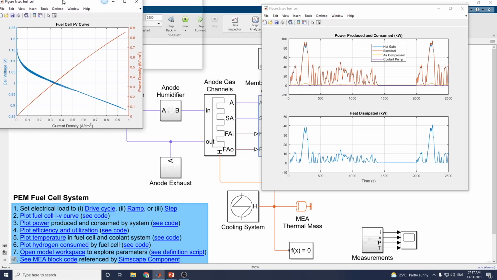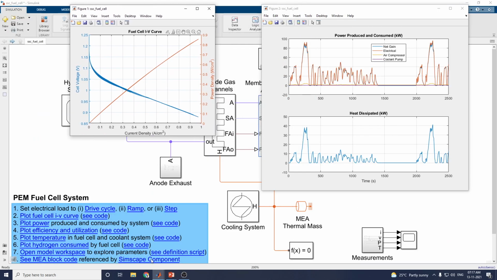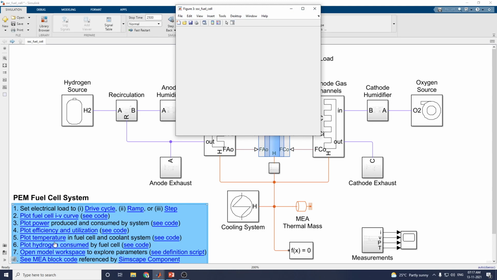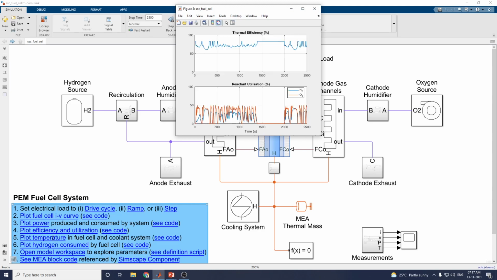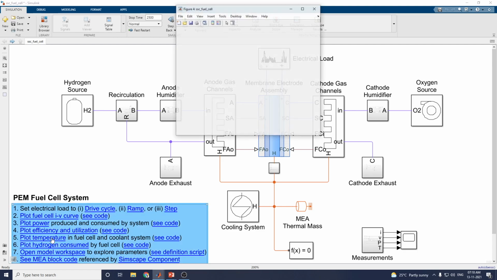So the first one is the fuel cell curve, and the next one is the efficiency and utilization plot, and temperature in the fuel cell and the fuel coolant system.